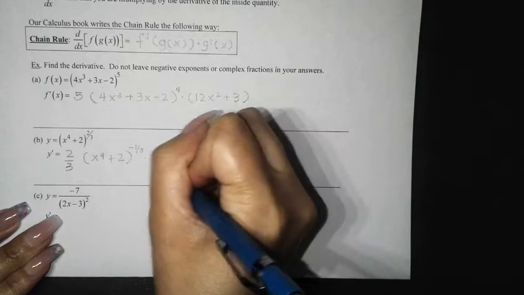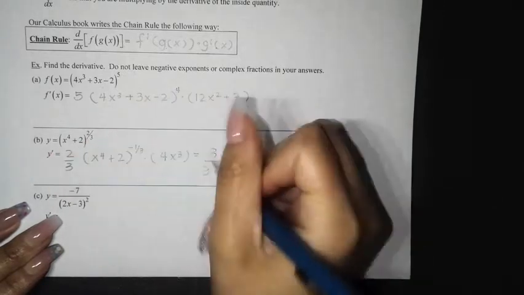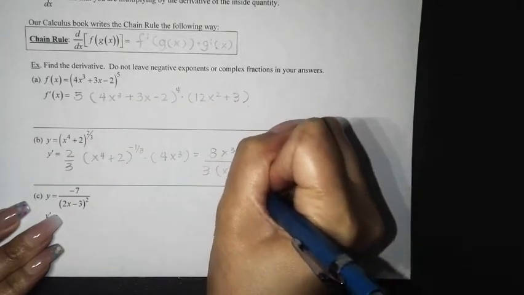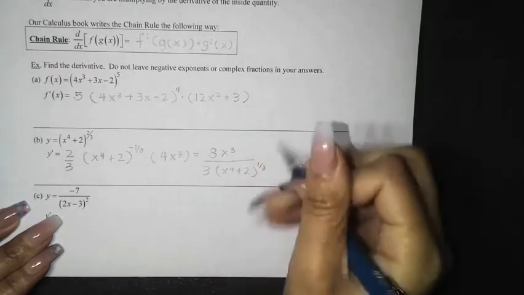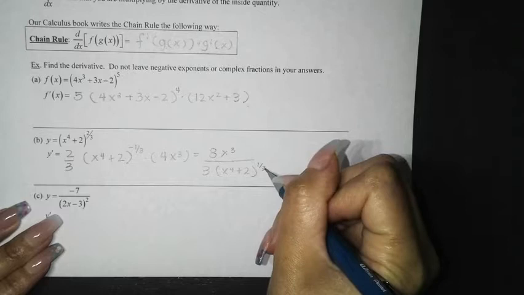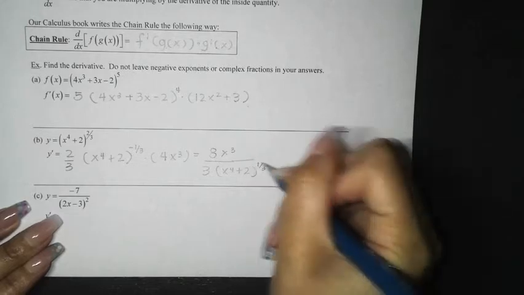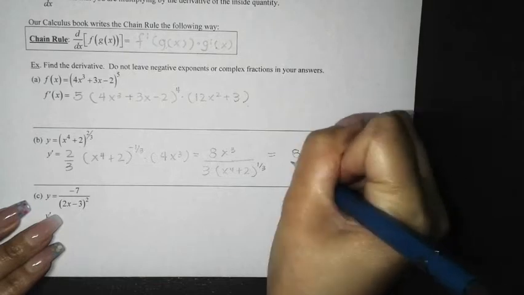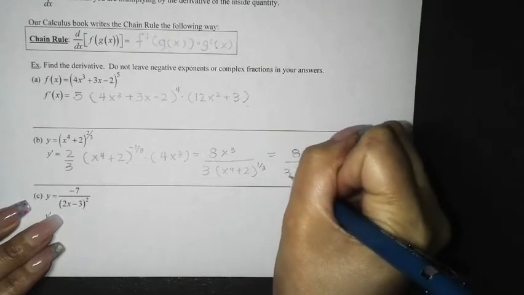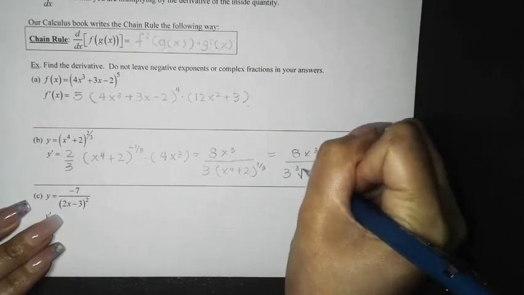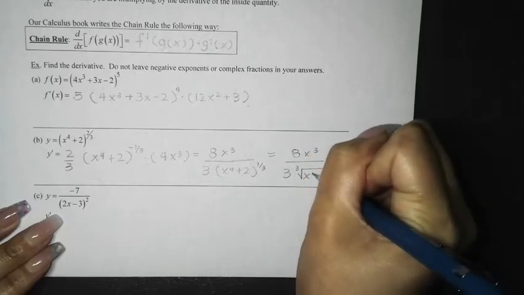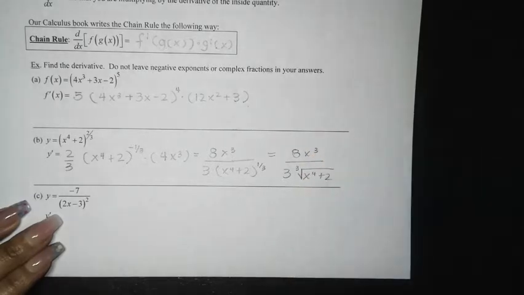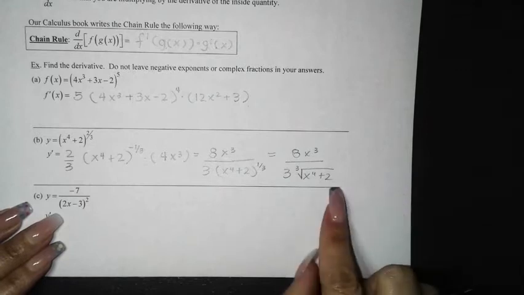Then you have the 3 that goes down, and I'm going to put this one at the bottom using properties of exponents. Moreover, you want to make sure that this is not a fraction, so you want it as a radical. So you have the 3, and this is going to be the cube root of x to the power of 4 plus 2.